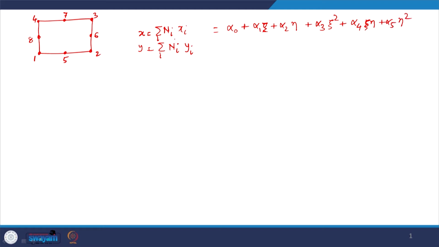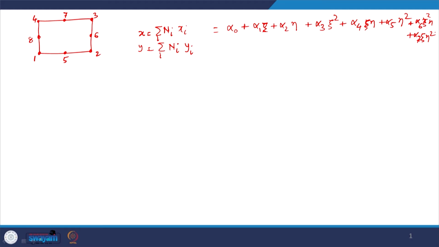So, these are the quadratic terms in xi eta. And then there will be alpha 6 xi square eta plus alpha 7 xi eta square. So, this is if x is mapped using these 8 nodes.